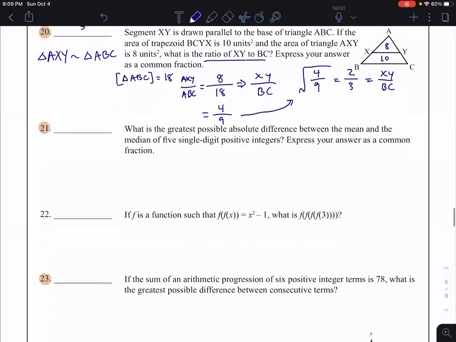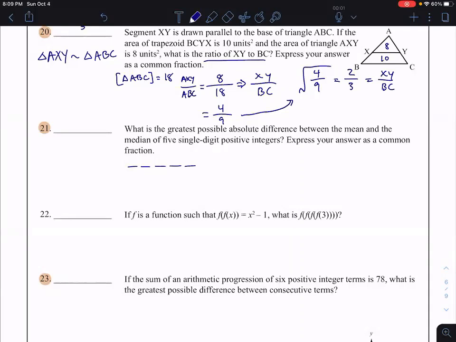Number 21. You want to find the greatest possible absolute difference between the mean and the median. Okay, so you have five terms, and if we want the greatest possible difference between the mean and median, it'll be easier to make the median as small as possible.